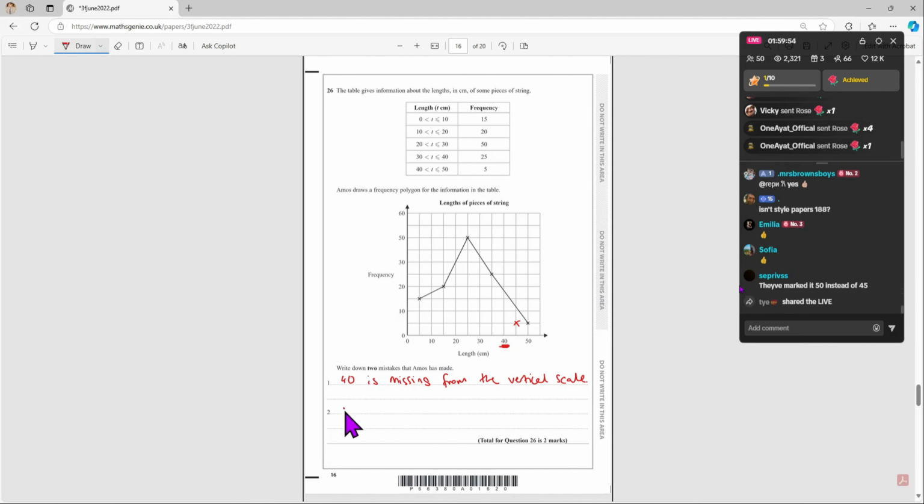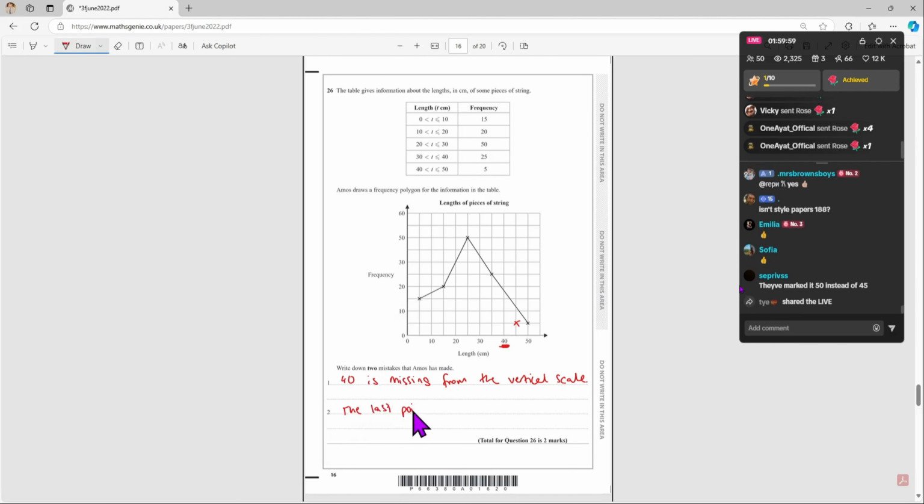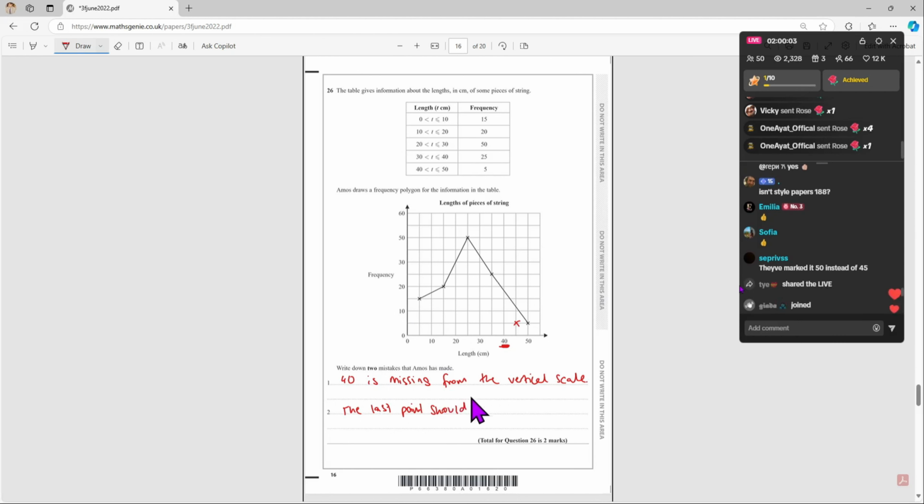Because it's not a histogram. So the last point should be 45 and then a 5. That's how you get it.